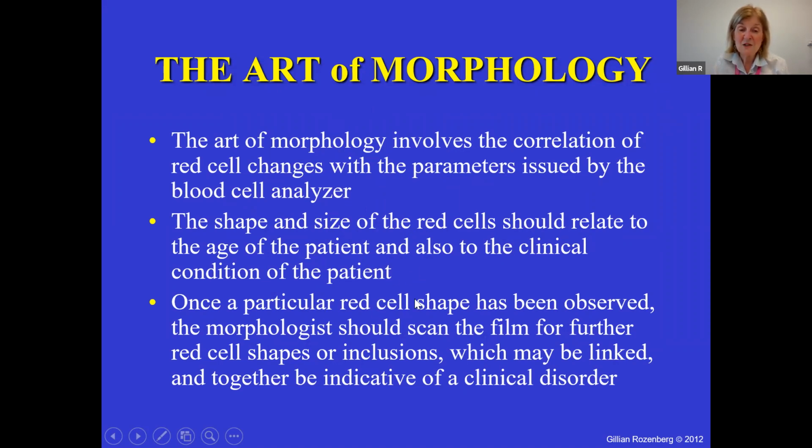Once a particular red cell shape has been observed, the morphologist should scan the film for further red cell shapes and inclusions which may be linked and together be indicative of a clinical disorder. So you can see, I believe that we are diagnostic morphologists. We're not just morphologists that report on what we see and don't understand what we see and why it's there. And this is the exciting part of blood film morphology.